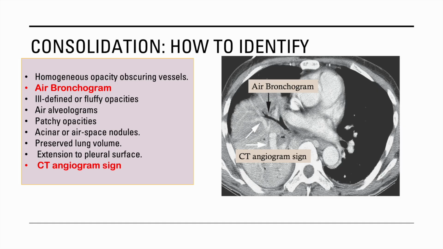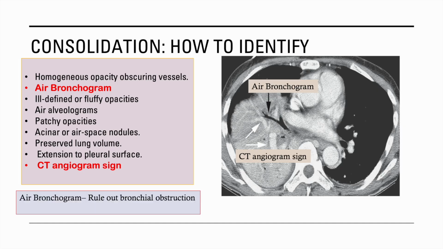Bronchi in consolidation are usually normal in caliber, patent, and without distortion. When the bronchus is obstructed, an air bronchogram may not be seen, for example, in cases of cancer, pulmonary infarction, or bronchopneumonia. Therefore, whenever an air bronchogram is seen, bronchial obstruction is ruled out.